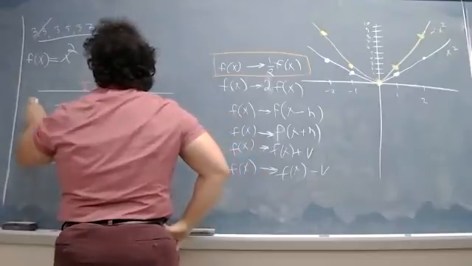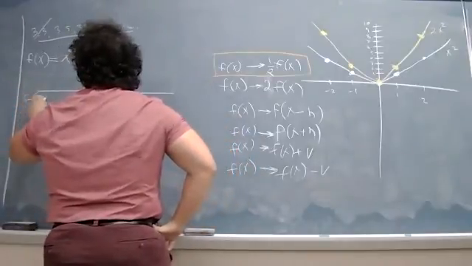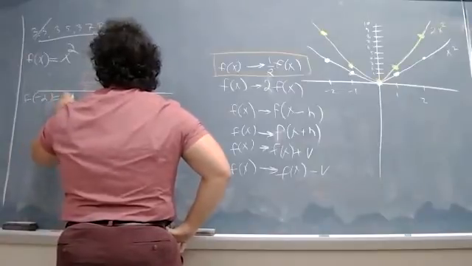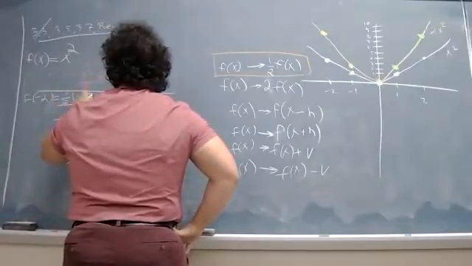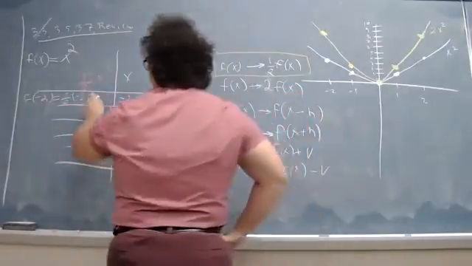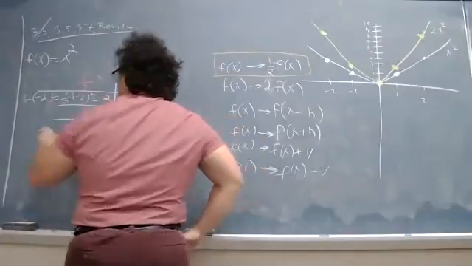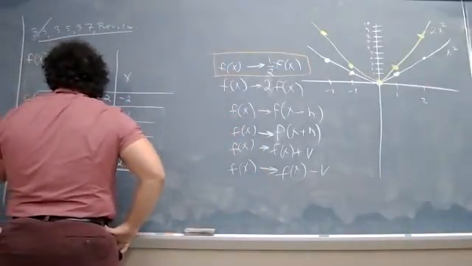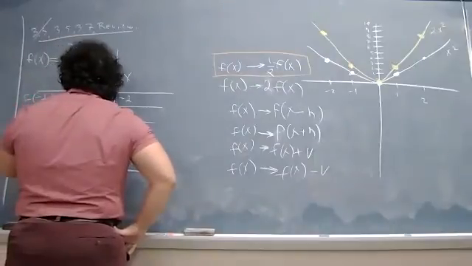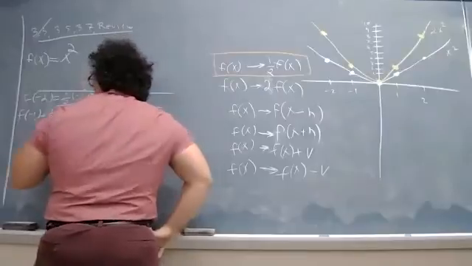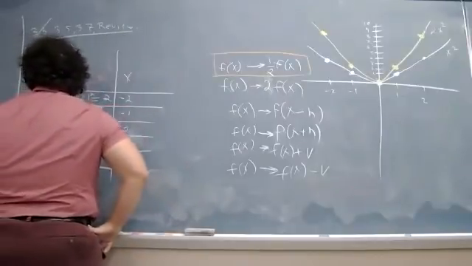f of -2 is equal to 1/2 times -2 squared. -2 squared is +4. Divide that by 2, you get 2. What's f of -1? That's 1/2 times -1 squared. That's +1, which is just 1/2. What is f of 0?